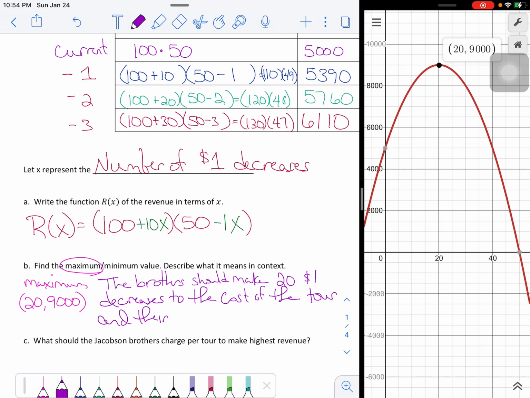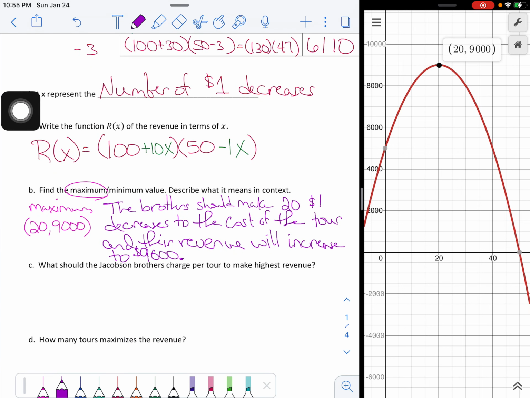And their revenue will increase to $9,000. Okay, so that's the idea of what's going on with this point. X represents the number of changes, so they need to make 20 $1 changes, and this represents their revenue. That's the f of x, or in this case, r of x value.